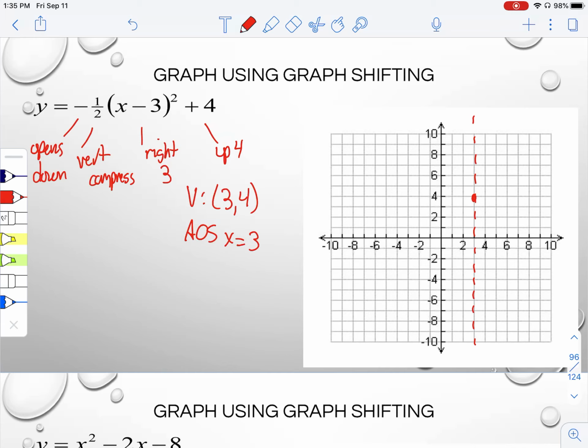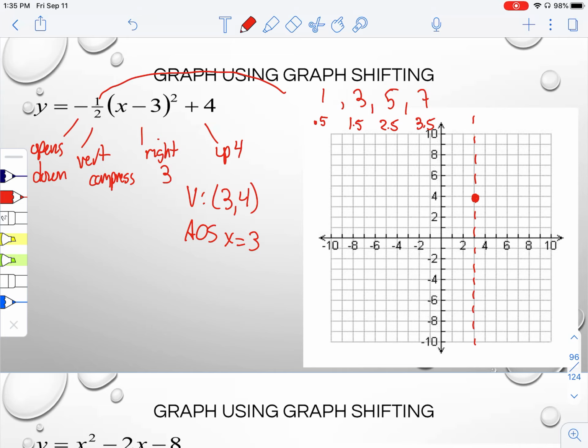So from our parent parabola, we said before our staircases were 1, 3, 5, 7, etc., but we're going to multiply by a half now. So each time we go out 1 unit, we're going to go down, because our parabola is opening down, a half a unit.